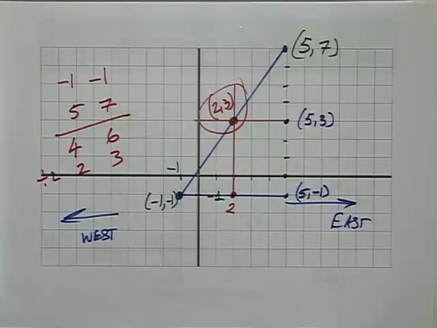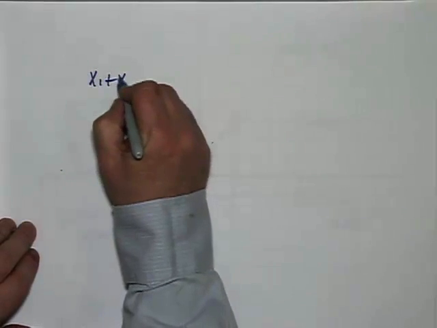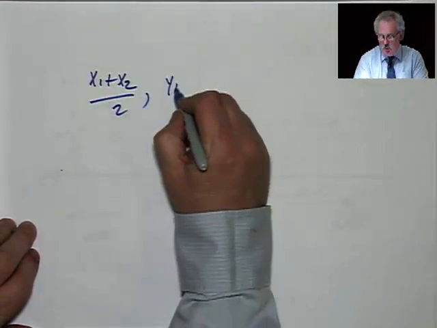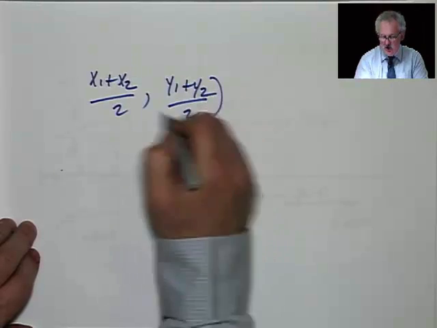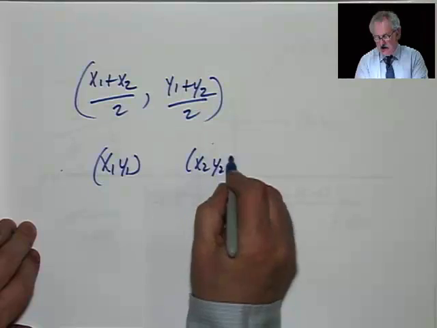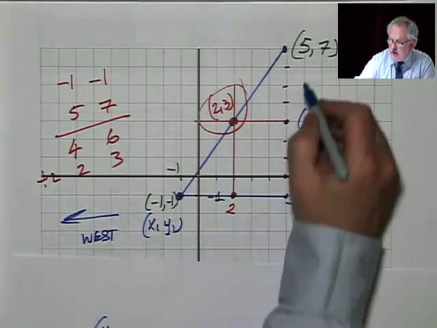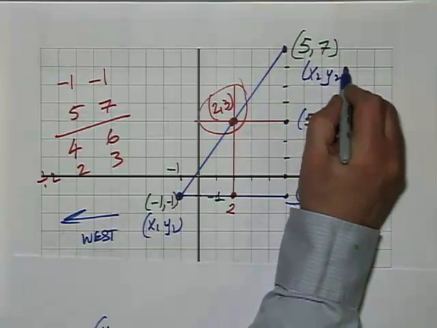Most likely you would have done that by going to the formulae tables and saying that the midpoint is x1 plus x2 over 2, comma, y1 plus y2 over 2, given that you knew x1, y1 was the first one, and x2, y2 was up here.